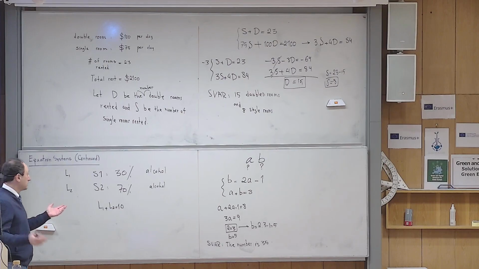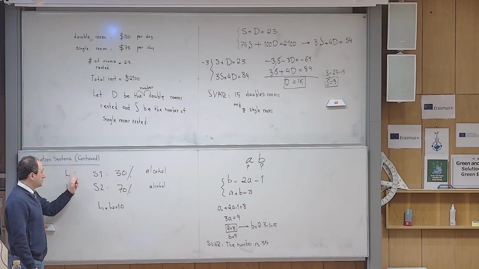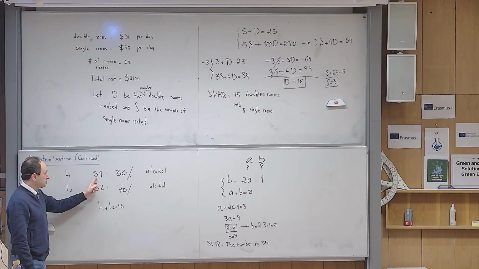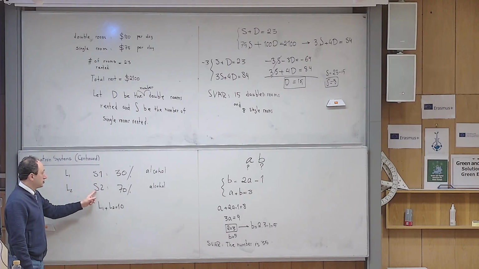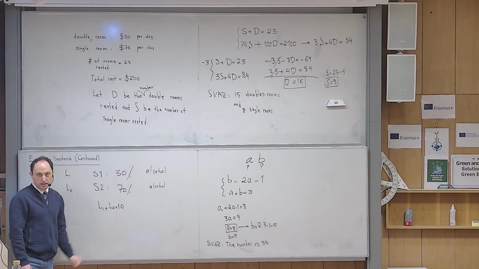No, S1 is nothing. S1 is a name. L1 is the number of liters that I use from solution number 1. L2 is the number of liters that I use from solution number 2 to reach my goal. What is my goal? My goal is that in total I want to have 10 liters. So it means L1 plus L2 is 10 liters.